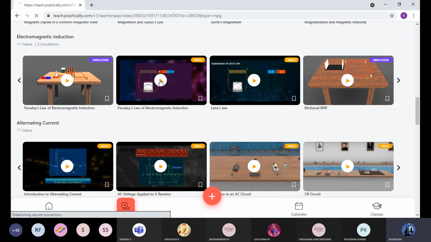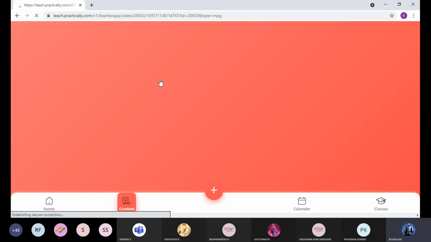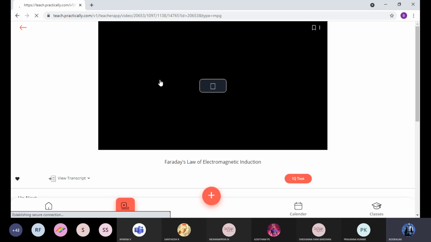So Faraday's law of electromagnetic induction. Morning we discussed motional EMF, that is the induced EMF with a stationary coil and a moving magnet. So this is experimental studies.